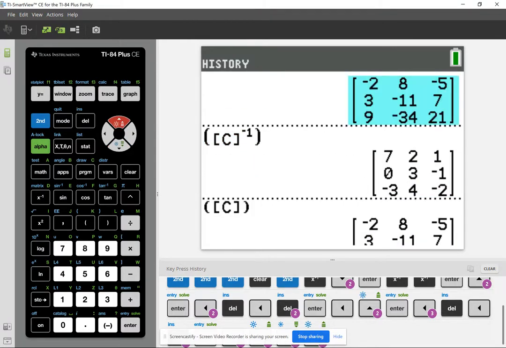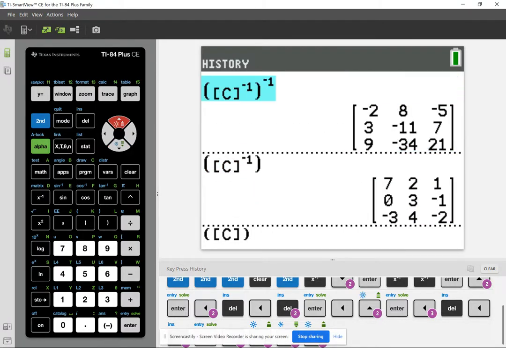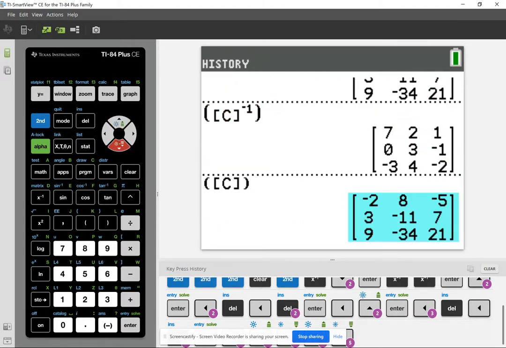Again, this is just some random one I had. And notice when I did a double inverse, I ended up getting the original back. Pretty cool. So that's all you really have to know for inverses: how to do it on a calculator.